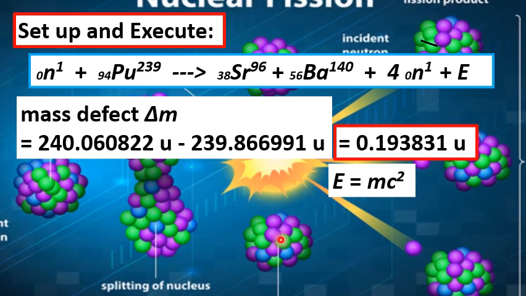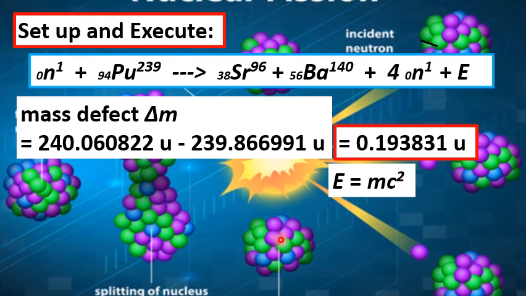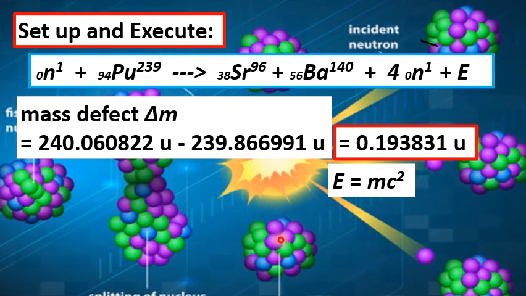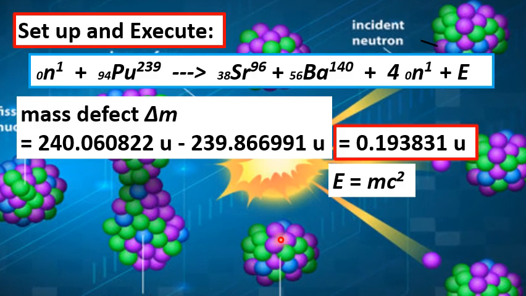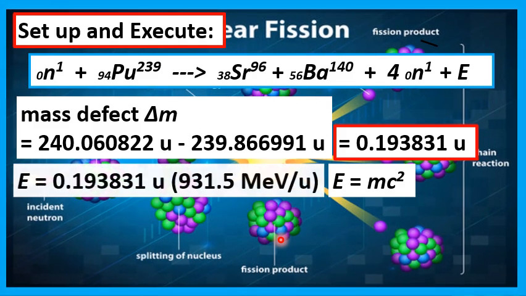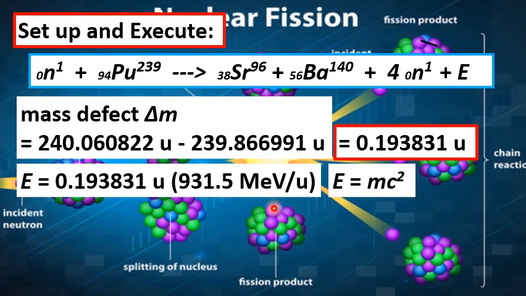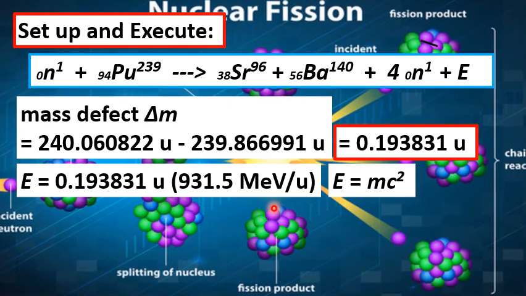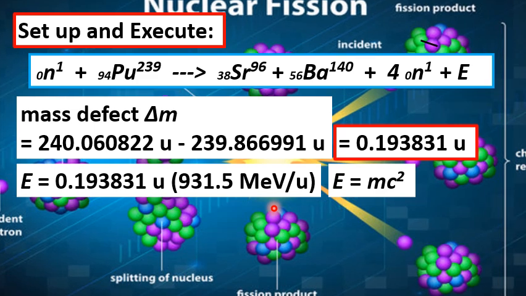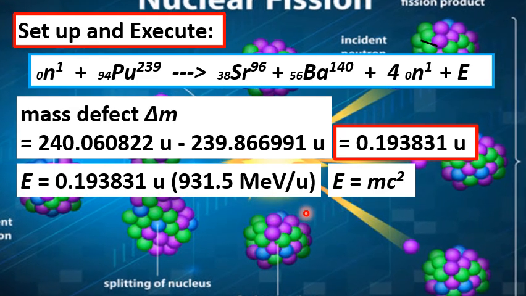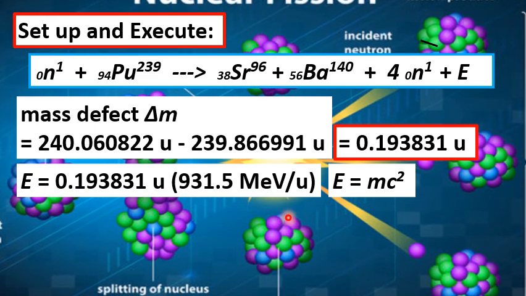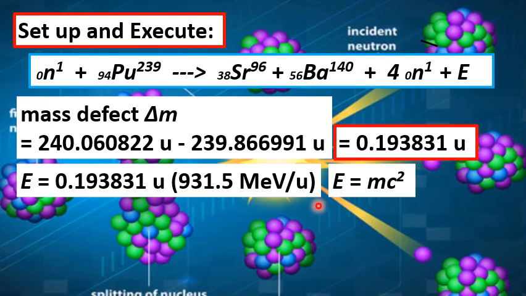However, we prefer to make it simpler, so we just multiply the computed delta M expressed in atomic mass unit by the conversion factor 931.5 million electron volts for every atomic mass unit.